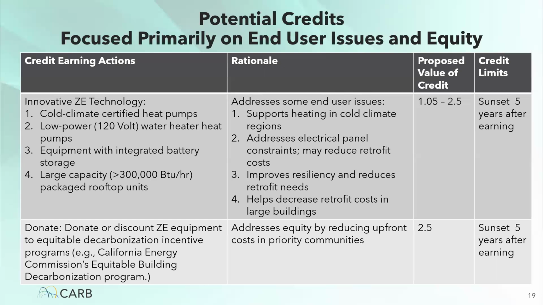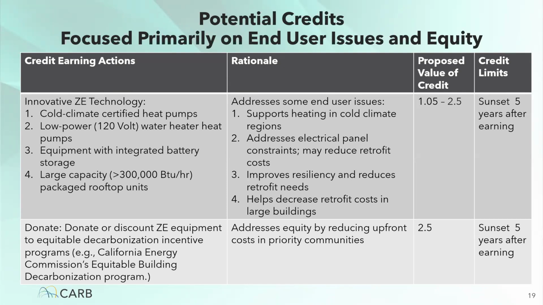These features include cold climate certified heat pumps to support those who live in the state's coldest climates, low power units such as 120 volt heat pump water heaters, which reduce the building retrofit costs by potentially bypassing the need to upsize electrical panels, equipment with integrated battery storage that provide added resiliency in the case of power outages, and large capacity equipment to help decarbonize large buildings.